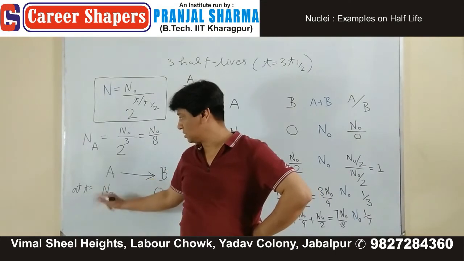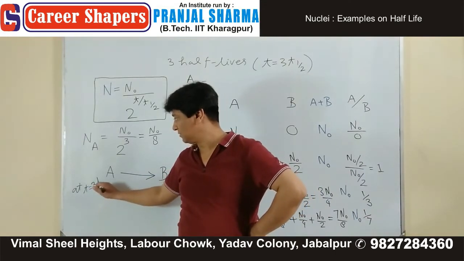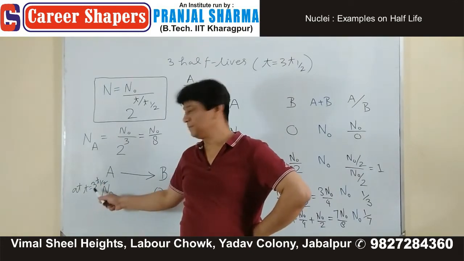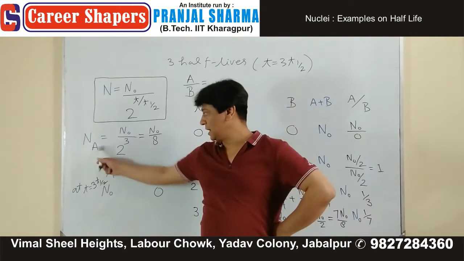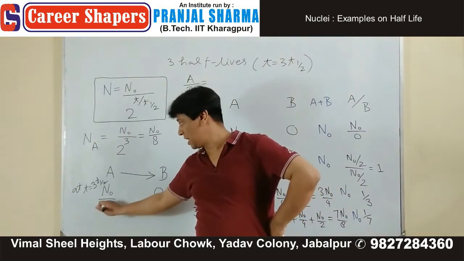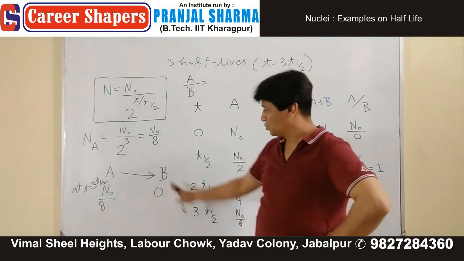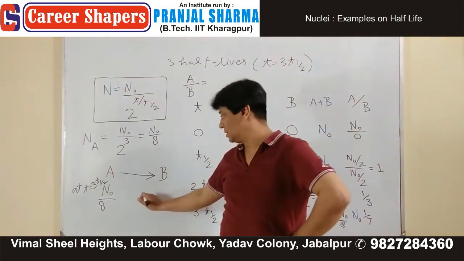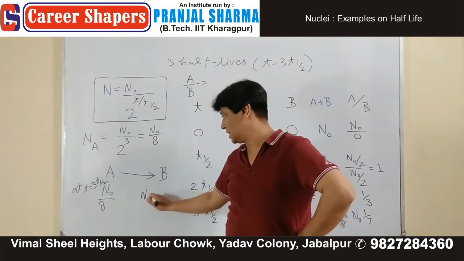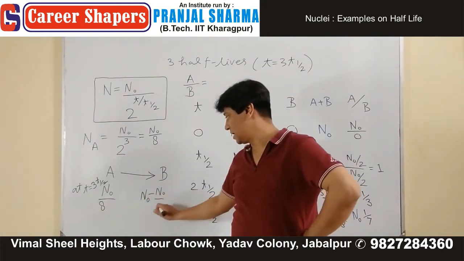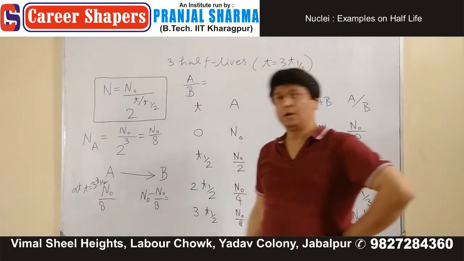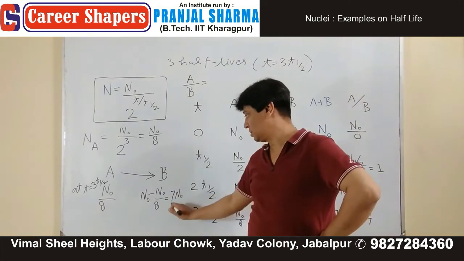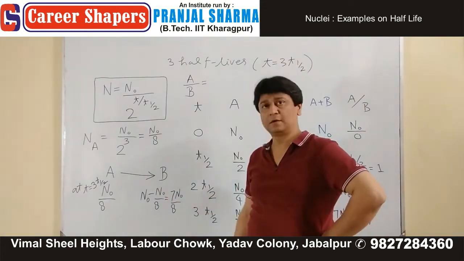Let's say this is now T, 3T half. So if time is 3T half, what we have found is that A is N naught divided by 8. What about B? We know that total sum should remain N naught. That means B is N naught minus N naught divided by 8, or 7 N naught divided by 8.